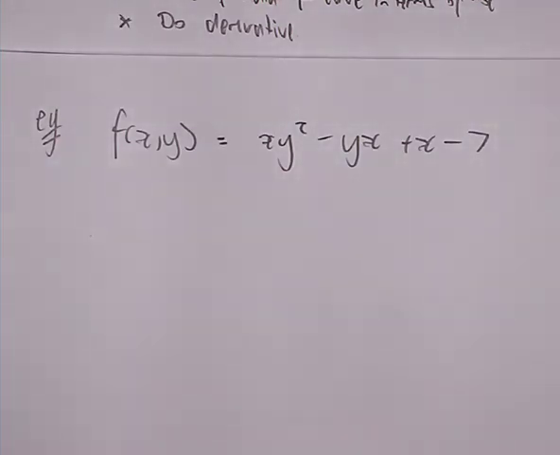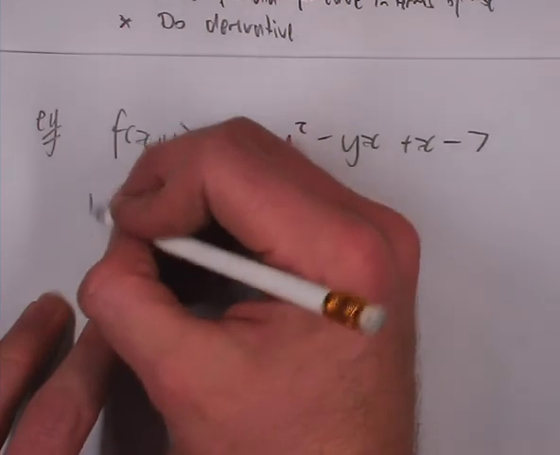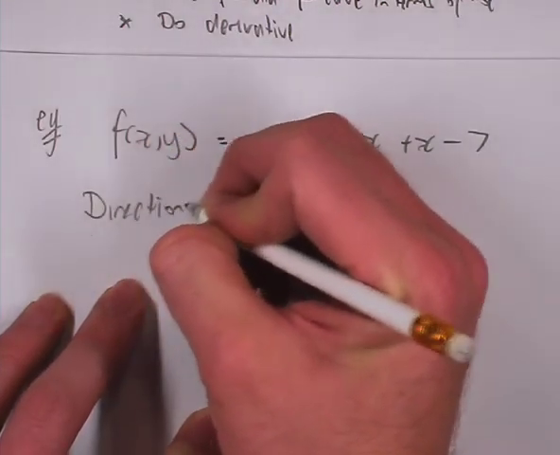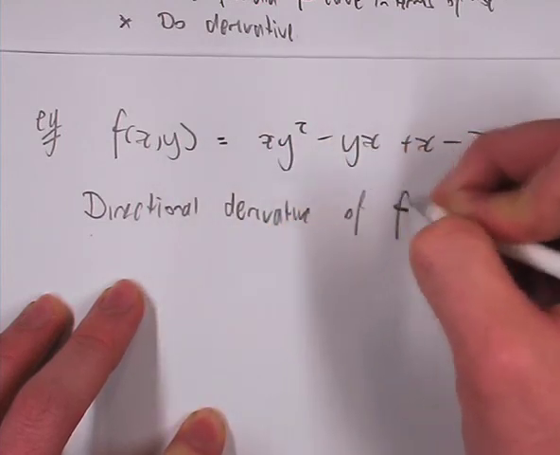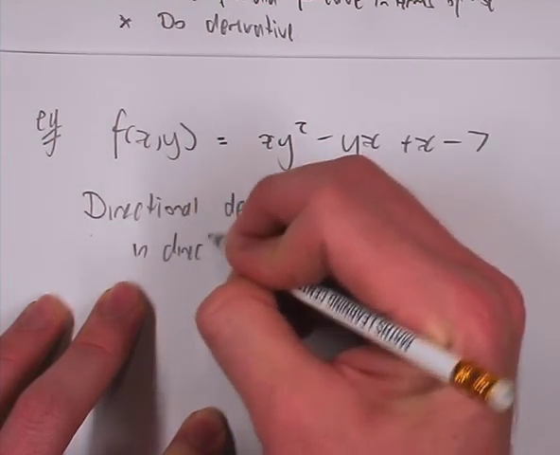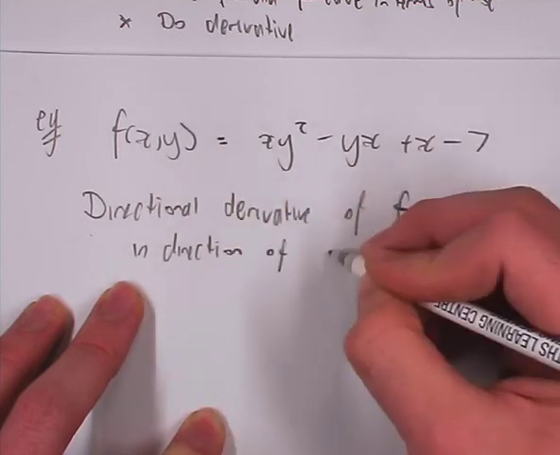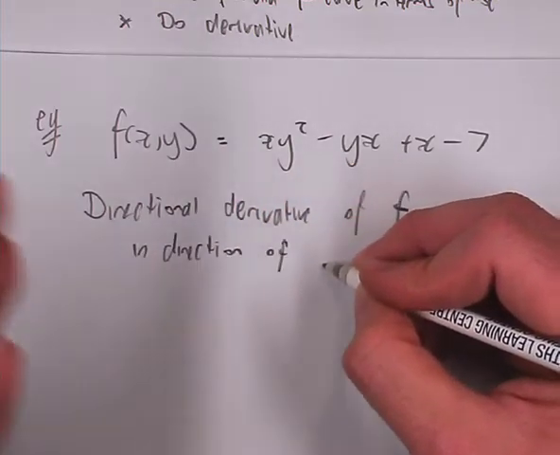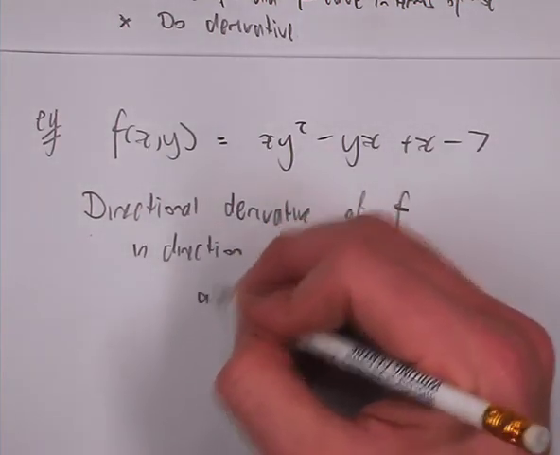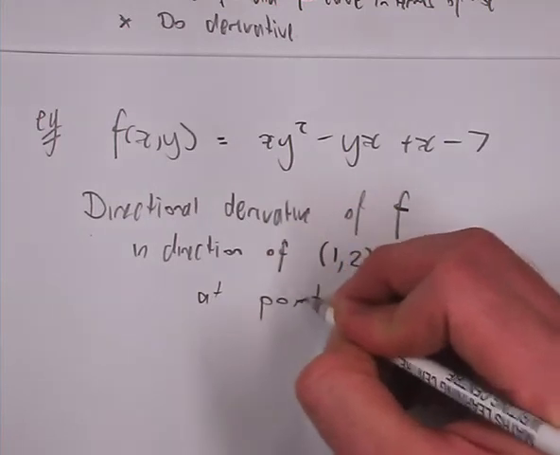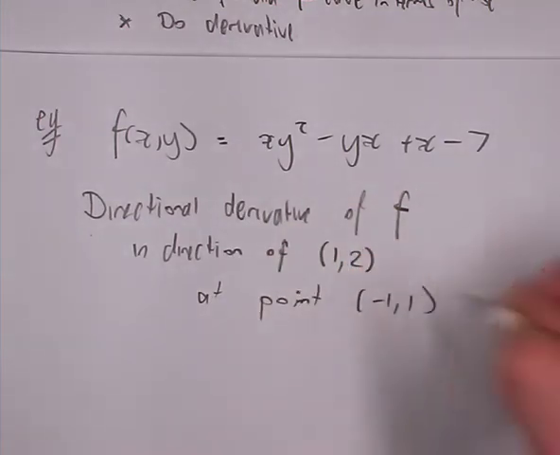Okay, so that function, don't know what it looks like, but that function there, I want to be at a particular point and figure out the directional derivative in a particular direction. So at the point minus 1, 1.